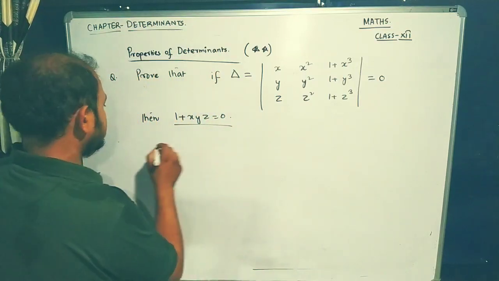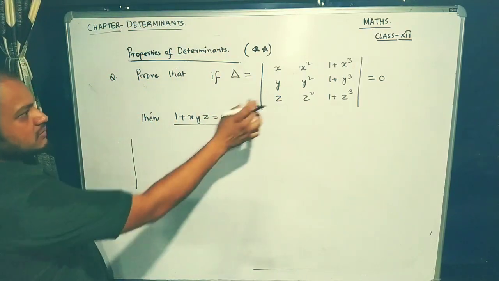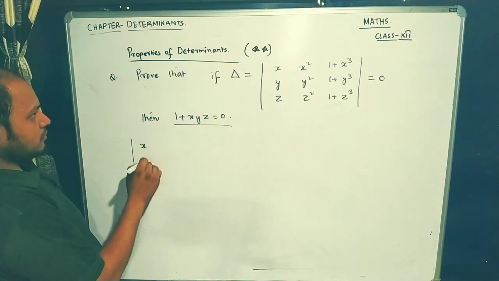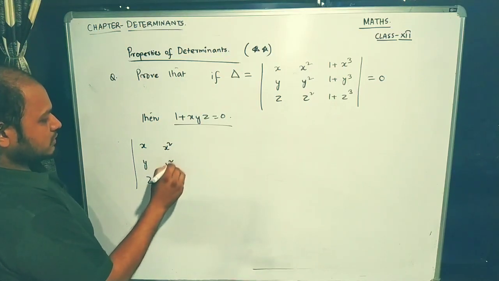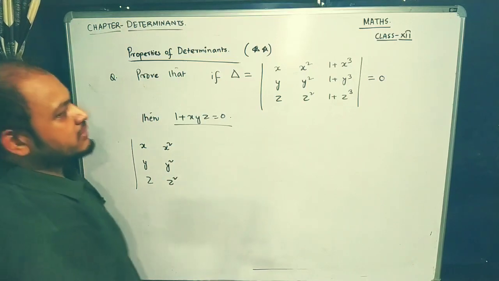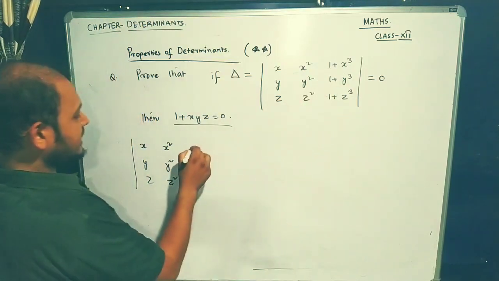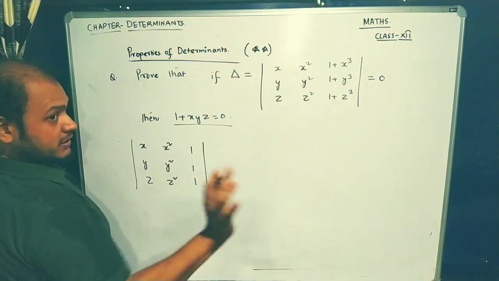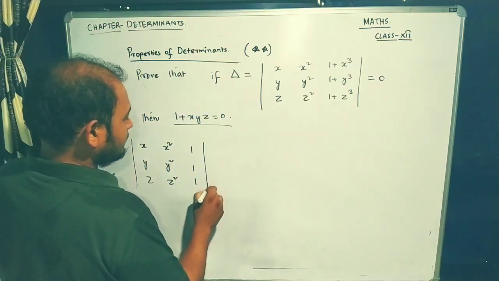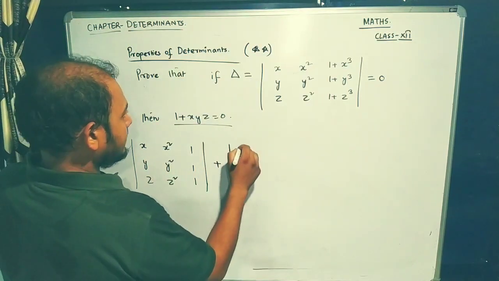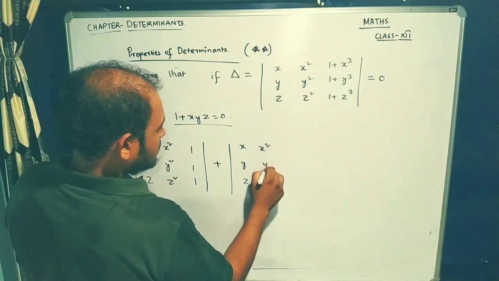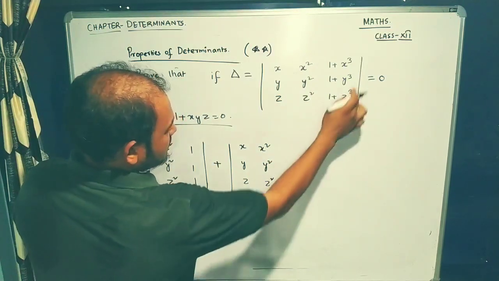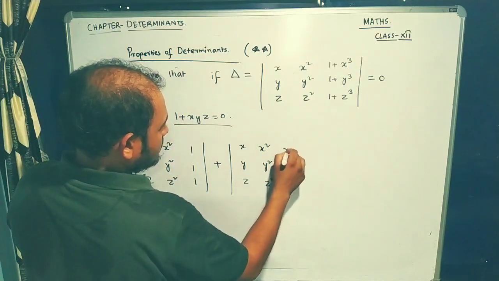So I can say that this determinant can be written in this form: x, y, z, x square, y square, z square. Then on the left part I can have 1, 1, 1. Property number 5, take a look at property number 5, and plus again x, y, z, x square, y square, z square, then again x cube, y cube, z cube.